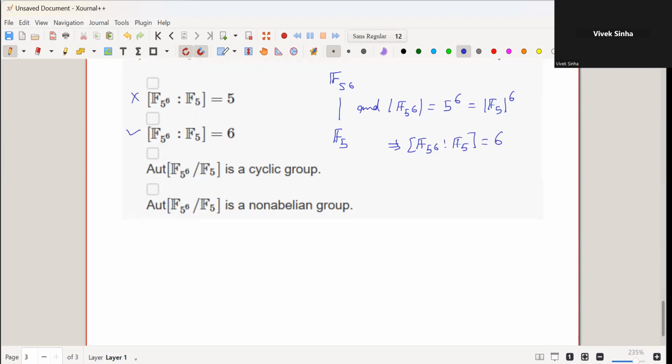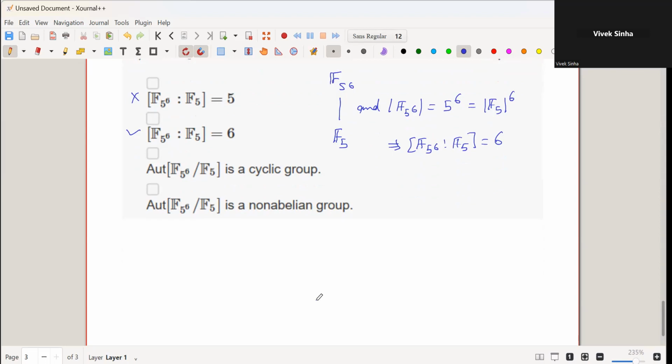Second part, we have to see whether it's cyclic or not. It is a cyclic group or not, that we want to see.